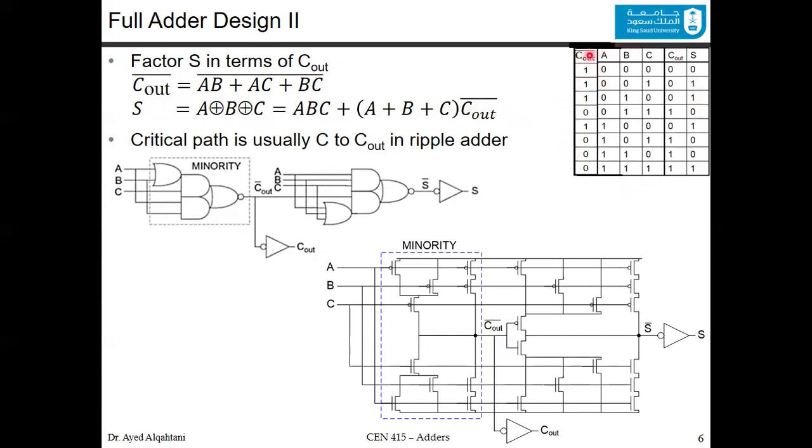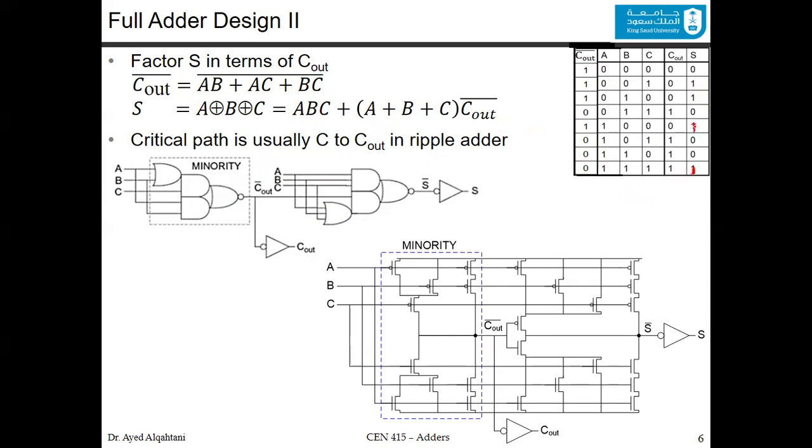Now we added this column, which is the C out bar, which is the complement of the C out. Now we try to get the sum in terms of these four values. And you can see that the sum would be 1 if you have A, B, and C, which is this case, A, B, and C. So we have 1.